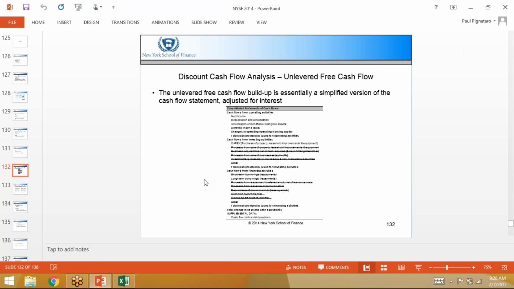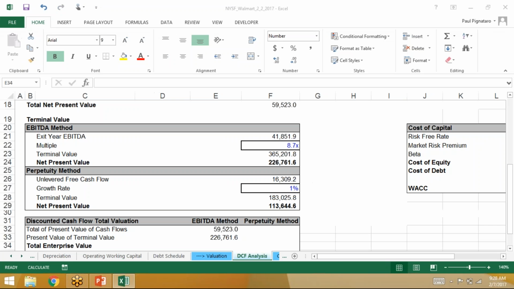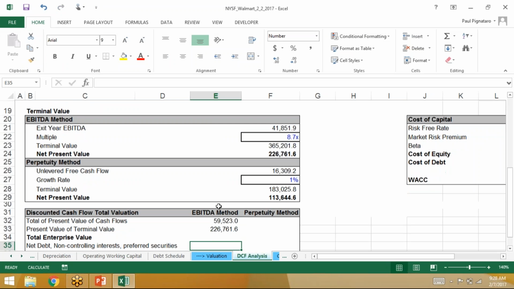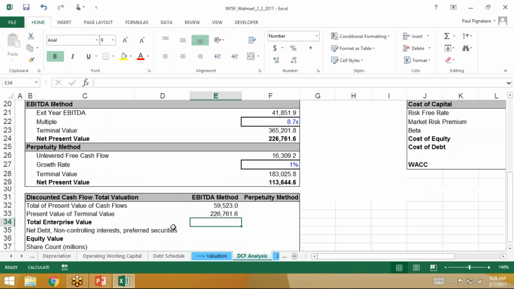So watch Thursday's lecture, so I don't have to be too repetitive. But unlevered free cash flow is a simplification of the cash flow statement. It's super important. We spent a whole afternoon on that on Thursday. I call the second half of the class afternoon, although still morning, to really hone in on that. It's really important that you understand that because a lot of people end up memorizing this formula. It's not about memorizing it. A lot of people get confused about the signs. Just do what the cash flow statement does. It's a simplification of the cash flow statement.